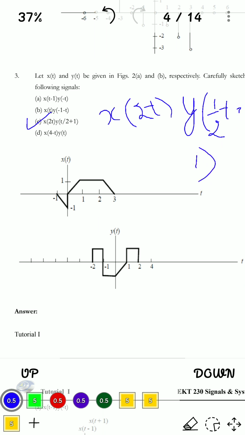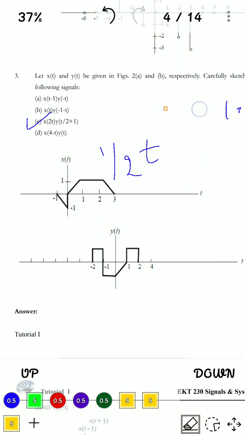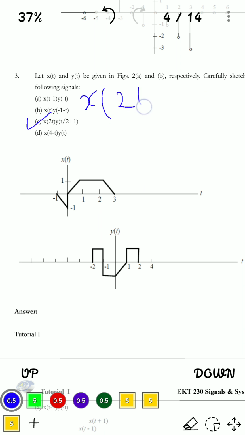So it has been given like that, but please do note down that 1 by 2t as well as t by 2. I'll just take an eraser over here and erase this. In your question paper I'll rewrite it again and show it to you in a clear manner. It is given as x of 2t into y of 1 by 2t plus 1. Yes, 1 by 2t plus 1 is your question.